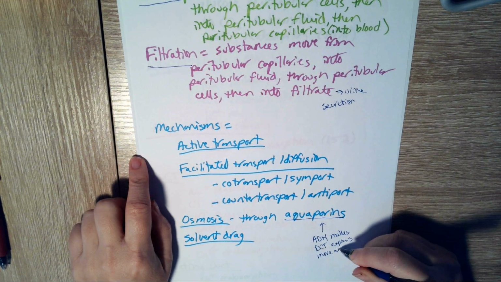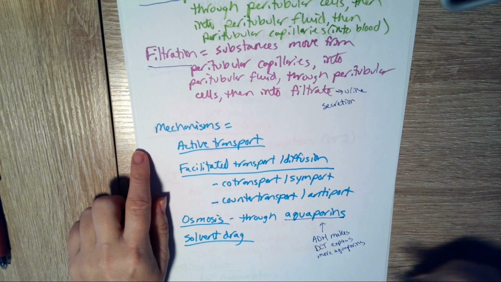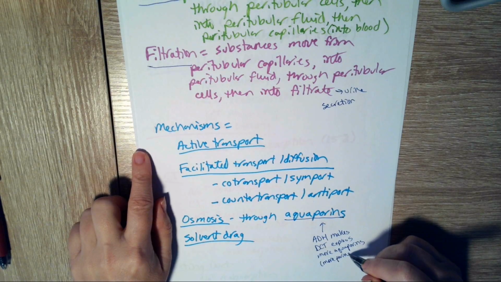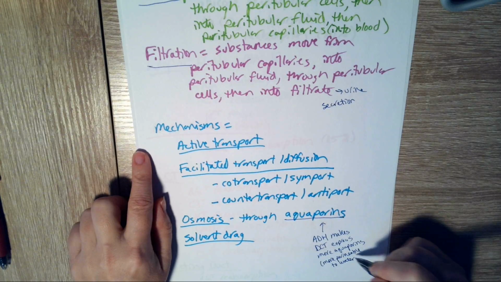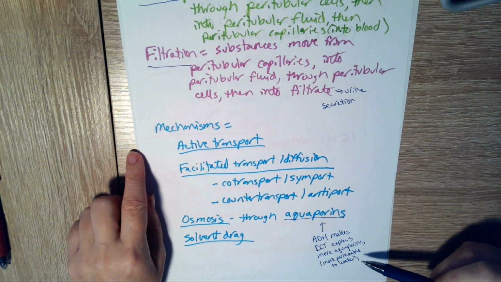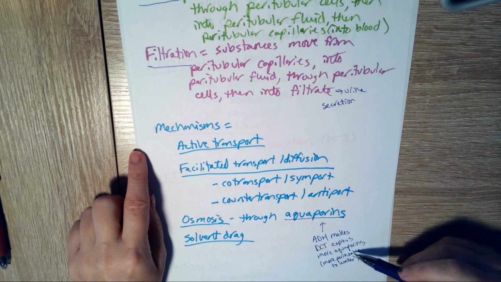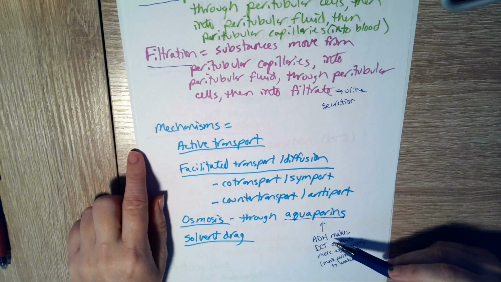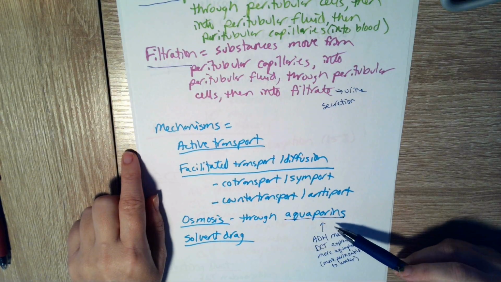So if you have more aquaporins, it makes it possible to reabsorb more water. It makes it more permeable to water. Without ADH, the DCT isn't really permeable to water. That's going to come in handy in the next video, the third video. So remember that ADH makes the distal convoluted tubule permeable to water, and without it, not really permeable to water.